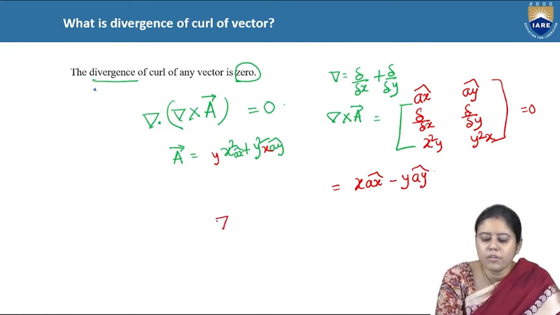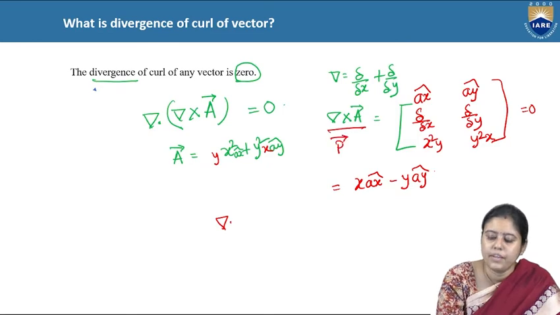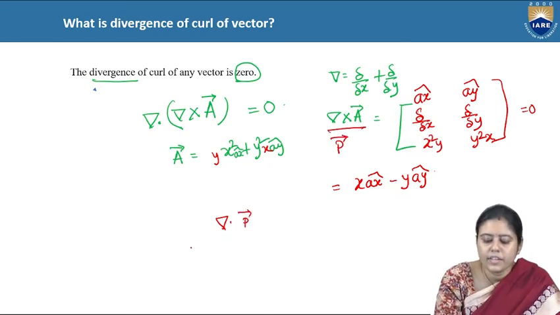Now if we want to take the divergence of this one, I am writing this as P. So what is the meaning of the divergence? Divergence means del by del x plus del by del y.